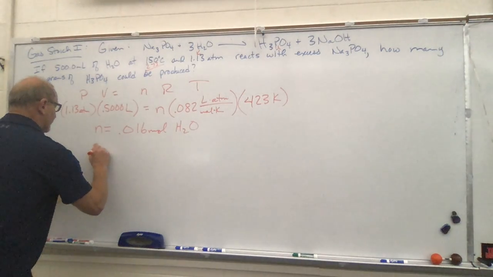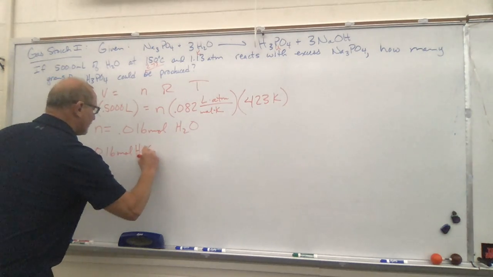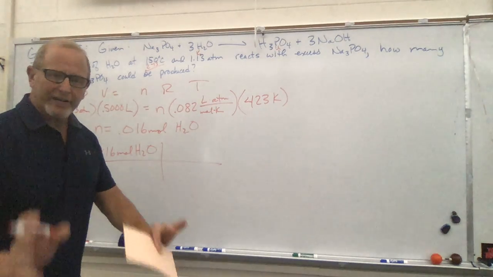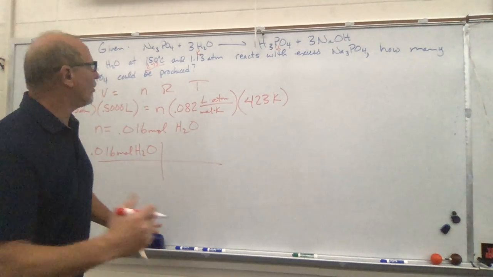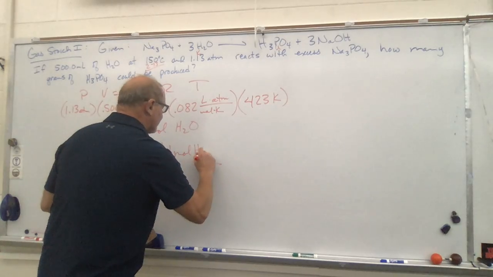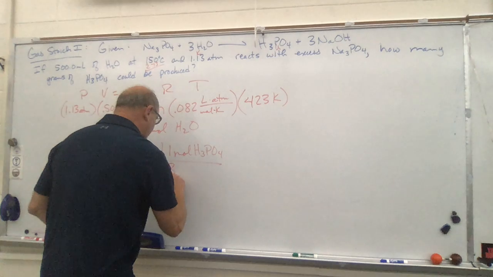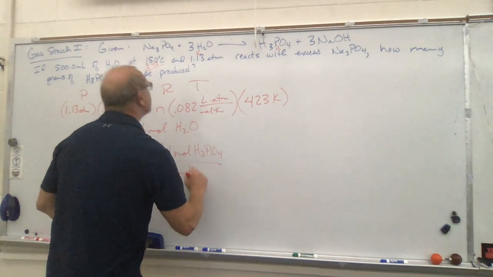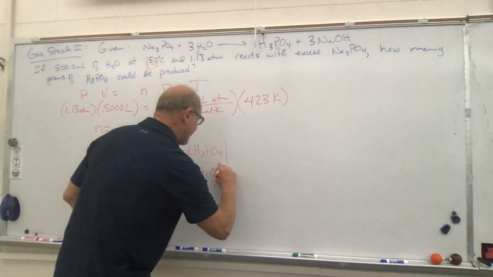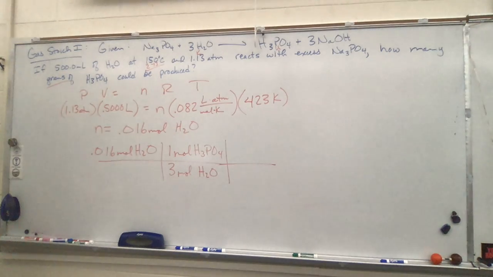We're going to start with our known 0.016 moles of H2O. Now, just do a U over K, unknown over known. I have 1 mole of H3PO4, and I've got 3 moles of H2O, and then they're asking for how many grams could be produced.